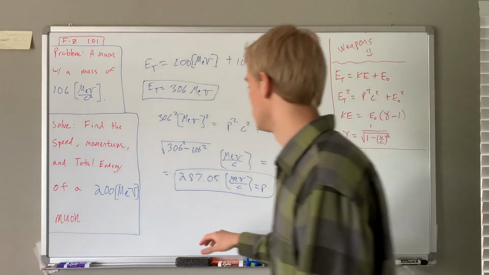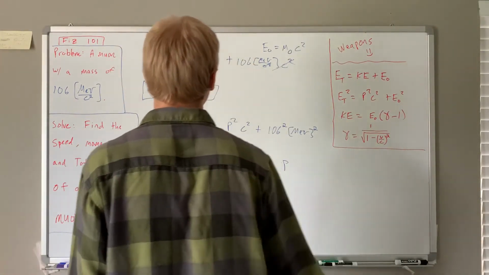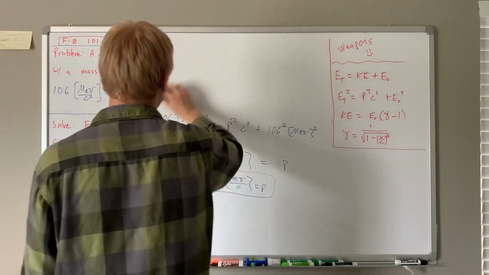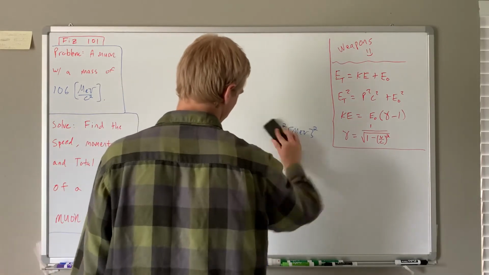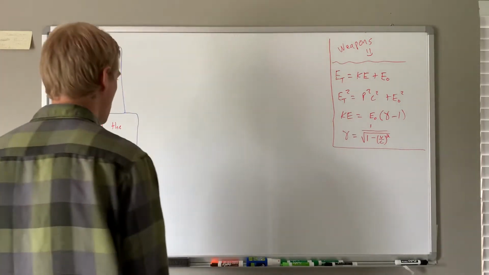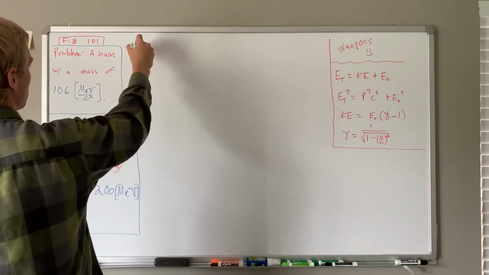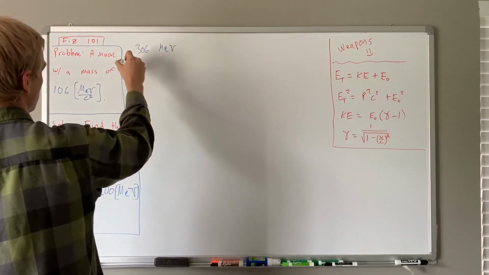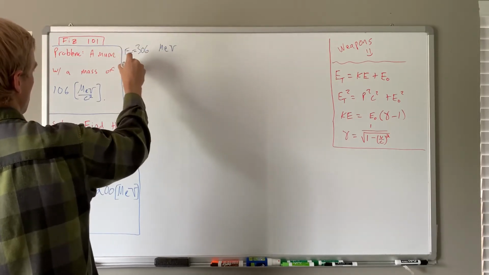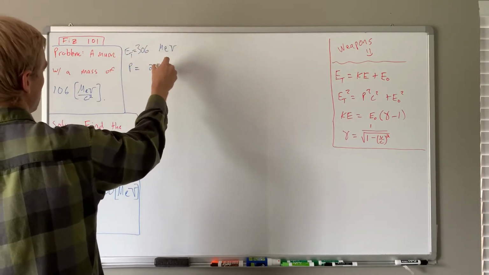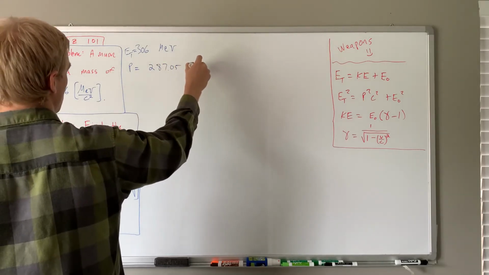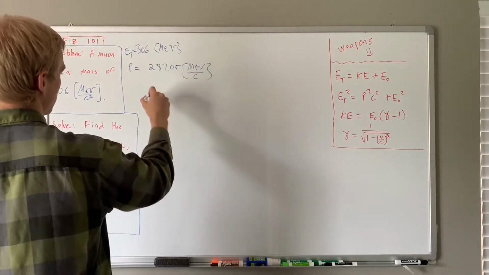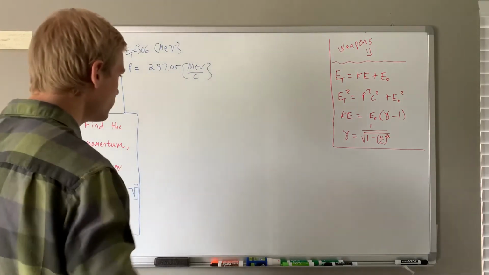So I'm going to clear up the board just a little bit. Okay, just to recall, total energy is 306 and momentum is 287.05. Okay, so to find the speed, here we go.